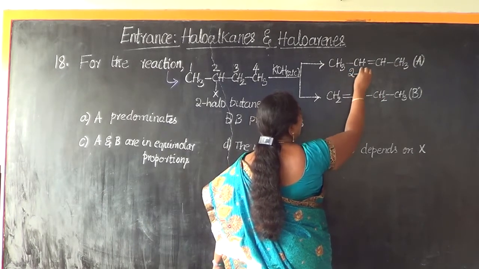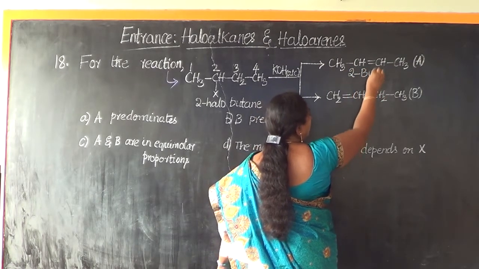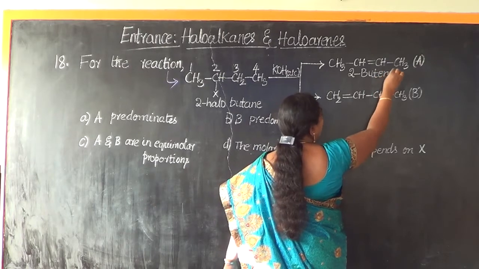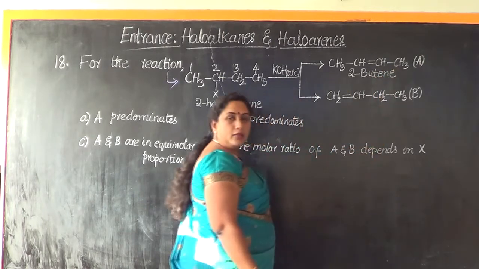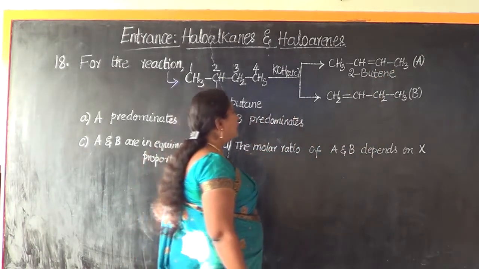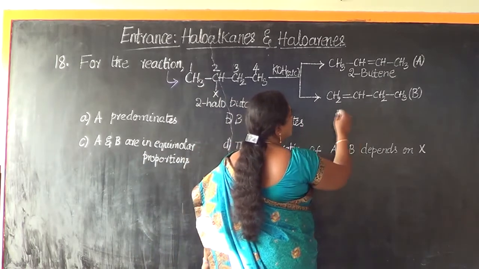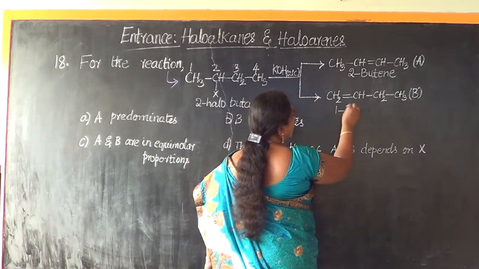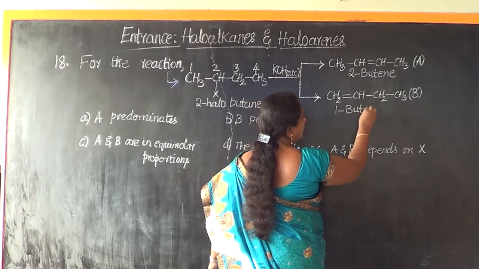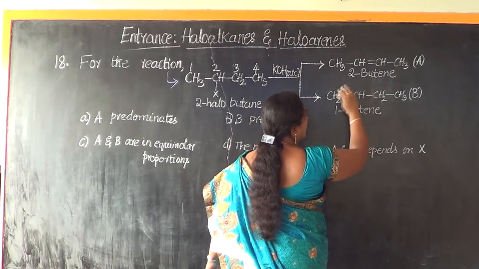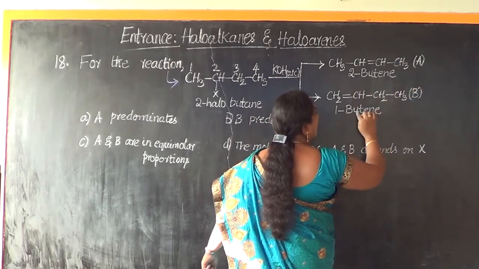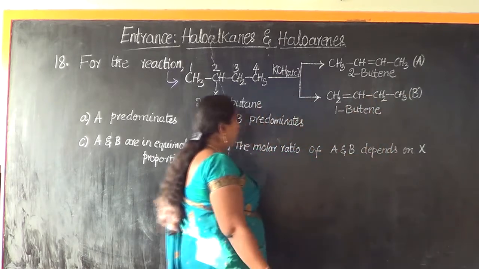So the name of the compound will be 2-butene or but-2-ene. Anything will be the correct IUPAC nomenclature. And here this is going to be 1-butene. Now 2-butene is called A and 1-butene is called B.